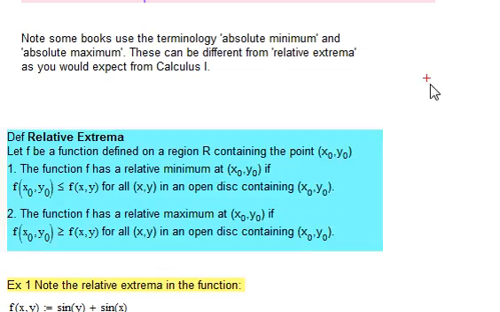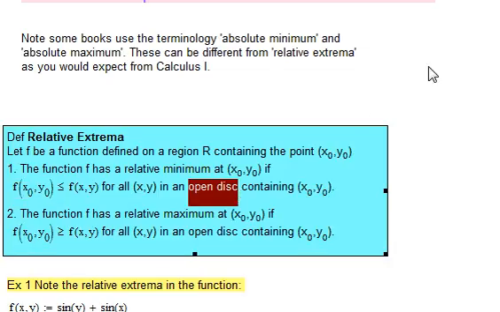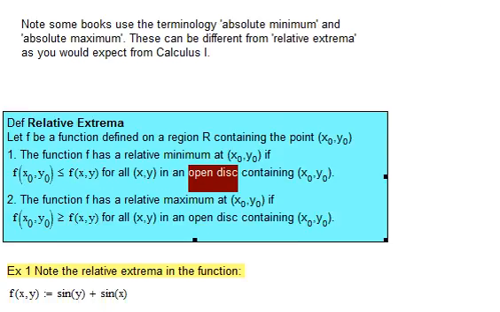It just means there is somewhere an open disk that contains values that are always bigger than that and also contains this point. Open disk is what you would say instead of open interval. Open interval would be for a function of one variable.